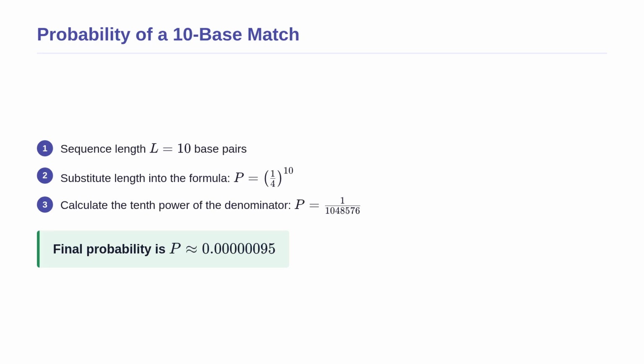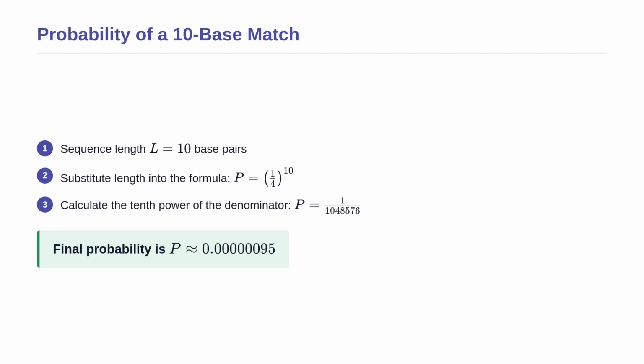Let us see this formula in action with a concrete example. Imagine you are a researcher who has just sequenced a short, unknown DNA fragment that is exactly 10 base pairs long. You want to know the probability of this exact sequence appearing randomly. We take our sequence length, L equals 10, and substitute it into the exponent of our formula. This represents multiplying the 1/4 probability for each of the 10 independent positions.